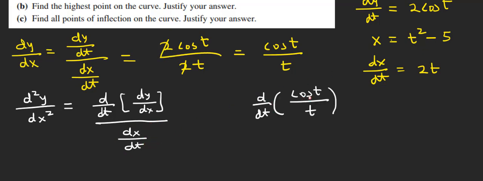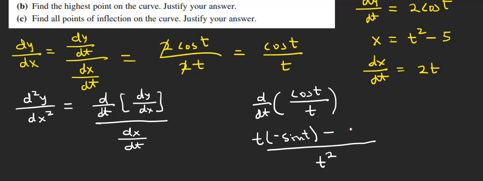So in order to find the derivative of cosine t over t, we have to use the quotient rule. So you need to do denominator squared, and then it's going to be the denominator times the derivative of the numerator, which is negative sine t, minus the numerator times the derivative of the denominator, which is just 1.